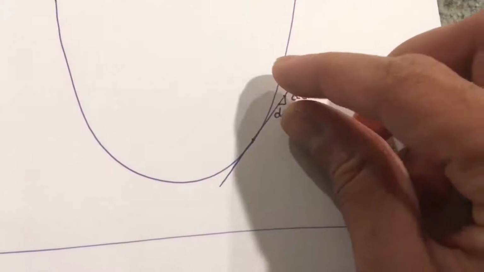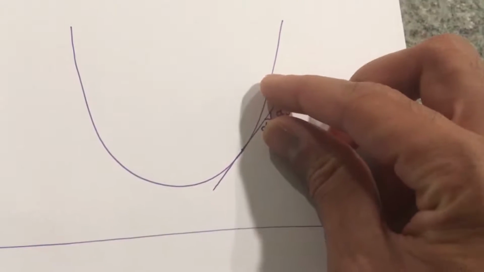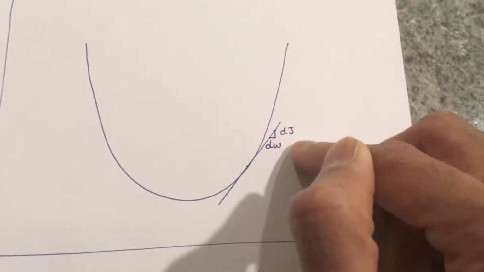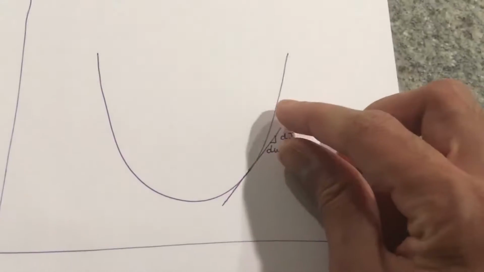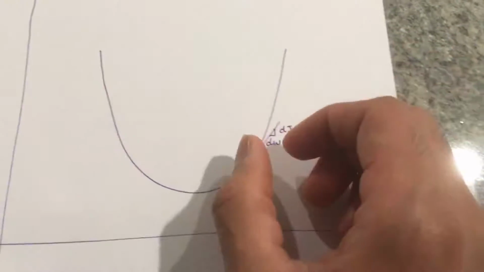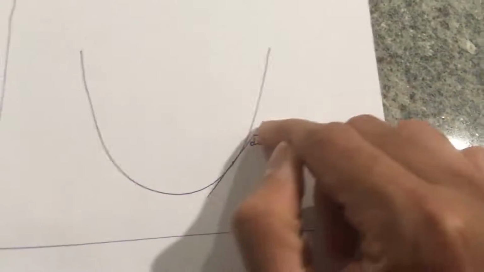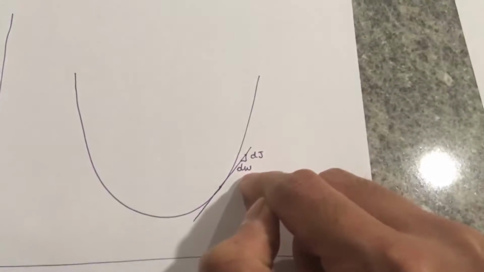In that case, the small height of this triangle is going to be dJ. Now, why this d is something we'll answer later, but for now, assume that this small height is dJ and this small width is dW. So the slope of this tangent is going to be dJ by dW.